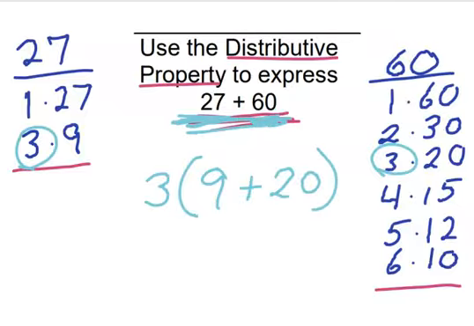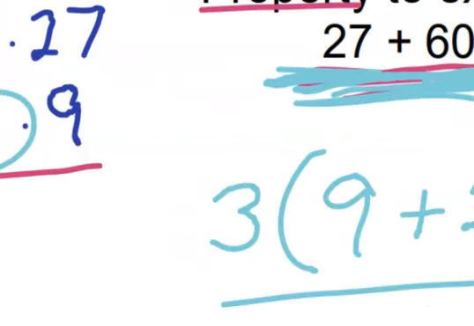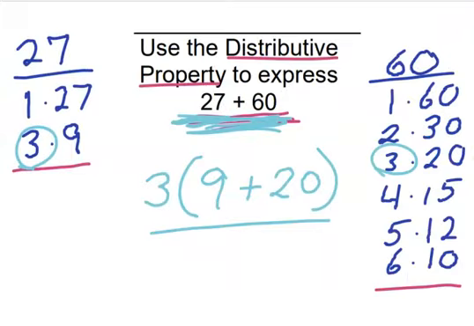We have 27 plus 60, and we factor out the 3, and then we end up with 3, and then inside of parentheses, 9 plus 20. Again, if we were to do distributive property the opposite way, we would do 3 times 9, and that would give us 27, right? And then we would do 3 times 20, and that would give you 60. Okay, so that's how you would do it.